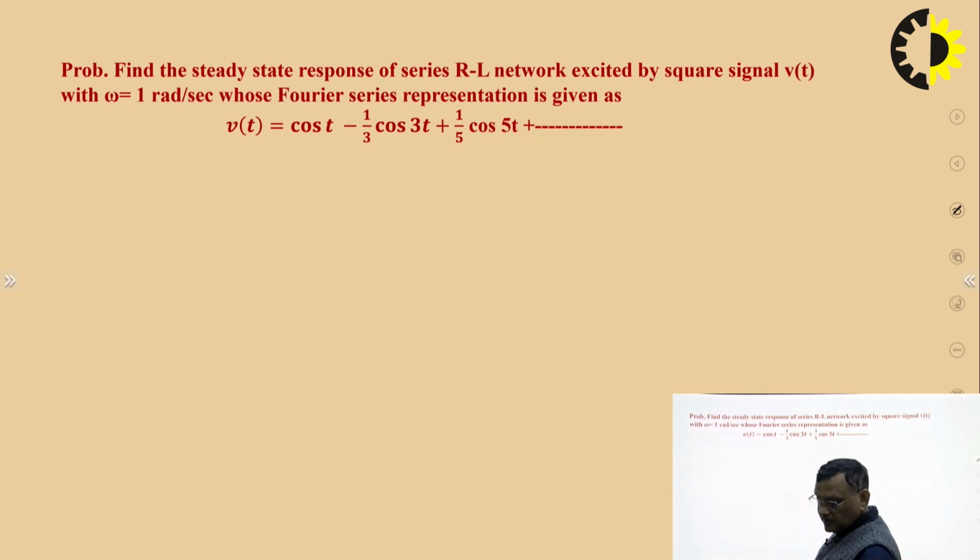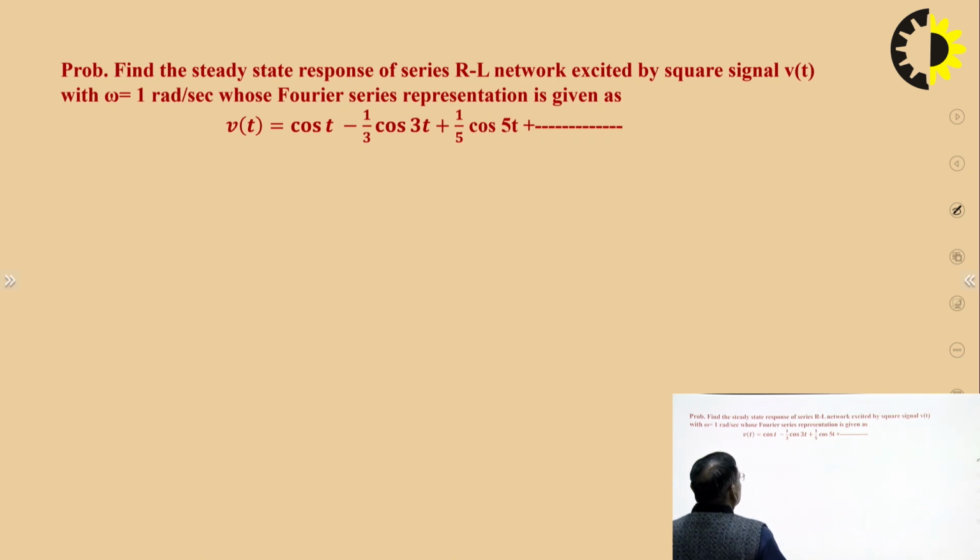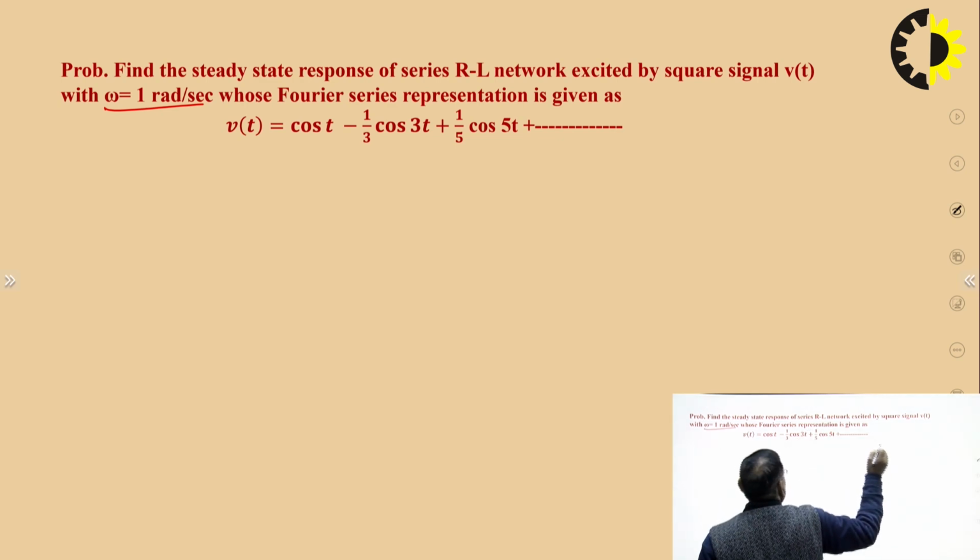One problem is like this. Find the steady state response of a series RL network excited by a square signal v(t), with omega given as 1 radian per second, whose Fourier series representation is given.